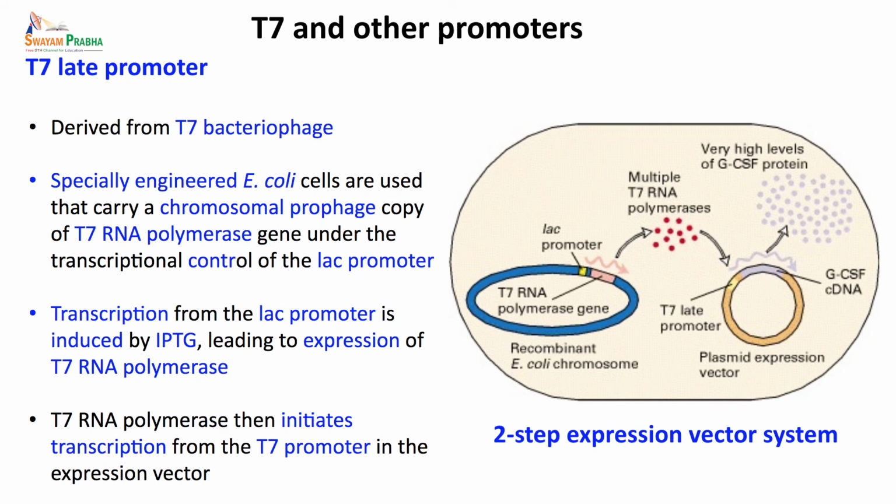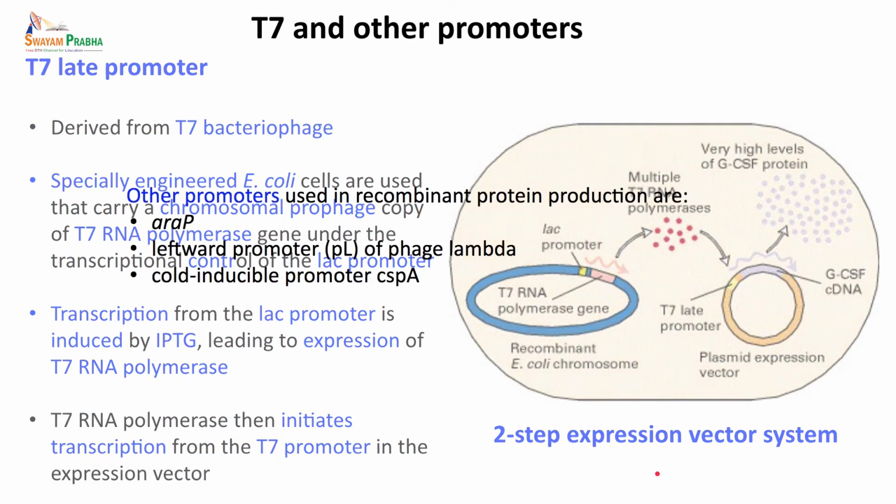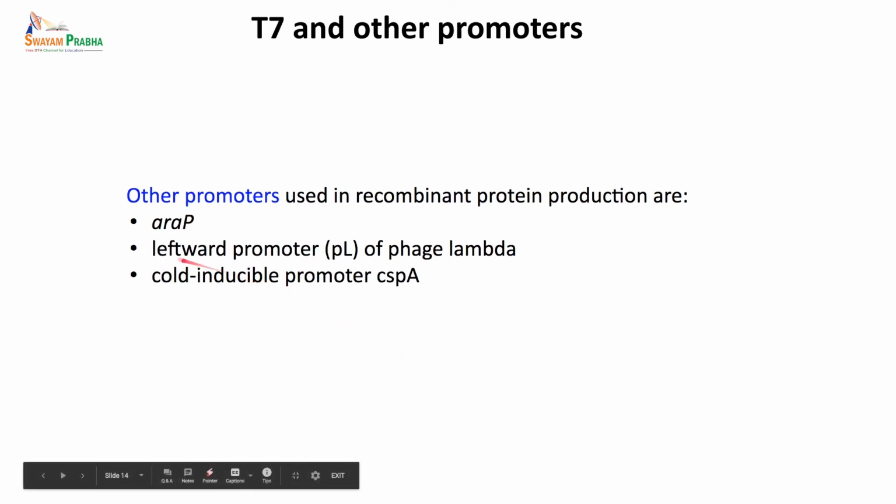So this is known as a two-step expression vector system, and it is very widely used. Other promoters that are very commonly used in recombinant protein production are the arabinose promoter, ARAP, which is controlled by the sugar arabinose.